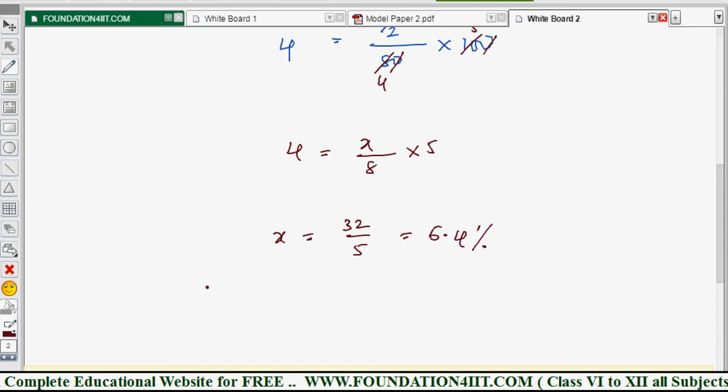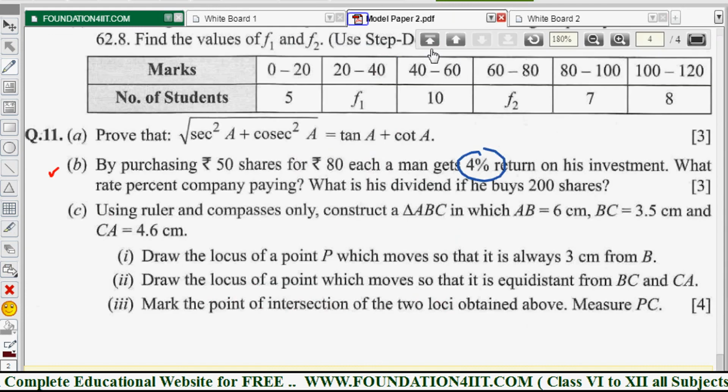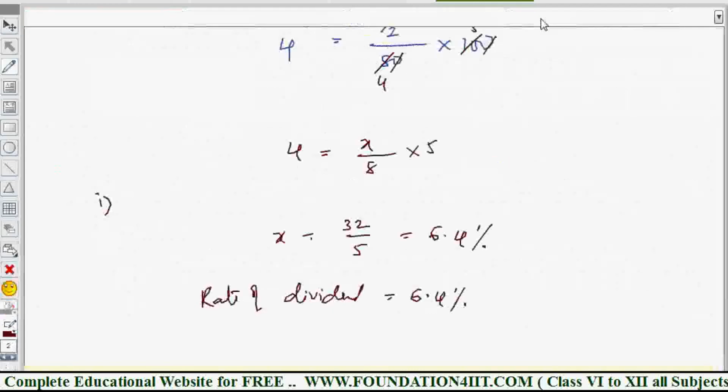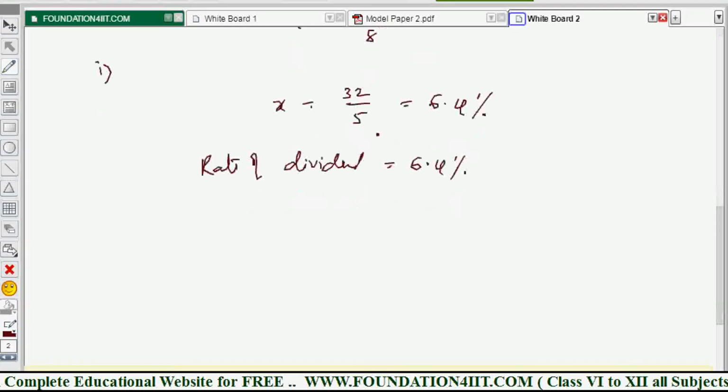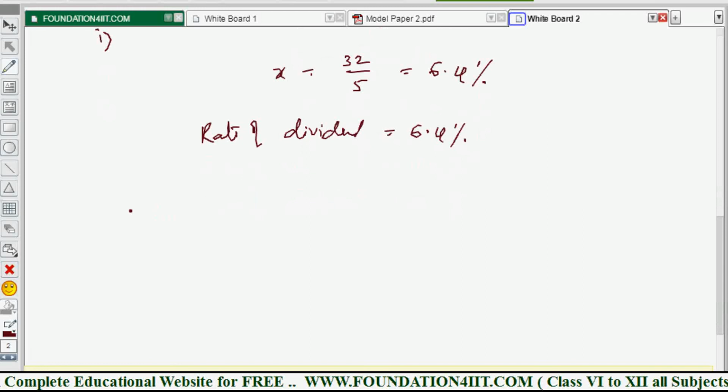Okay, rate of dividend. So that we got 6.4%. So this is the first question we need to find out. And second one, what is the dividend if he buys 200 shares? So income from 200 shares we need to find out. So it's simple. So income from 200 shares.